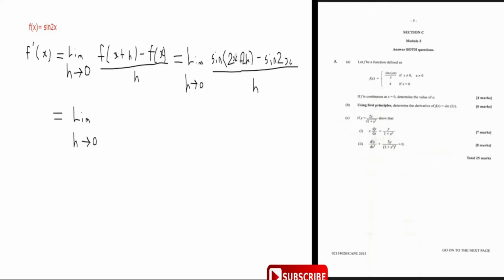Now using the compound angle formula, we know that it is sine 2x cos 2h plus cos 2x sine 2h, minus sine 2x, and this is all over h.